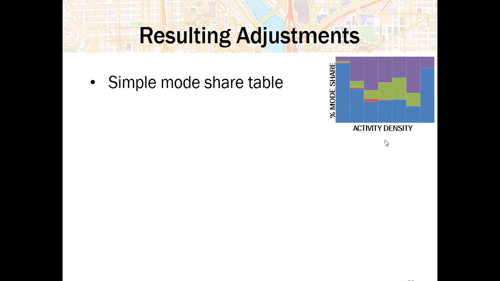You simply find your activity density along the table for that given land use, and then you have the mode split found within the 3 household travel surveys. So this provides multimodal information, bike and ped information for that type of establishment in that type of activity density.